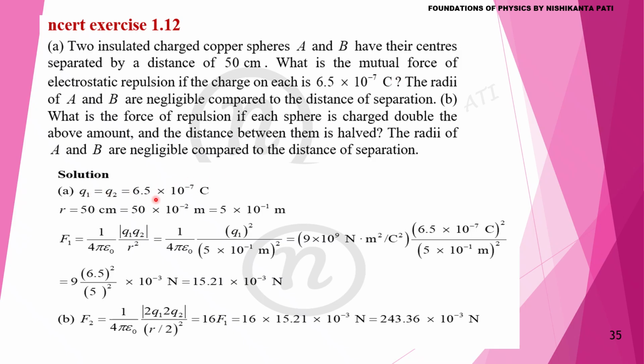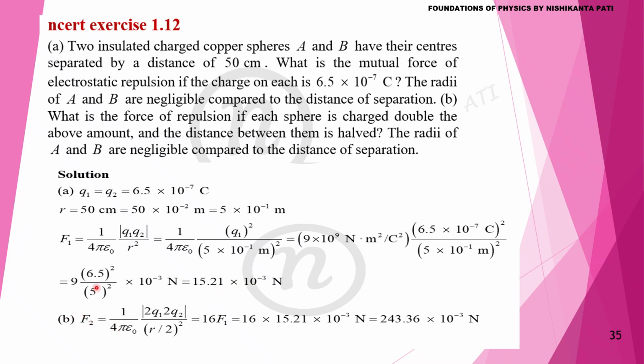So Q1 positive charge, Q2 is also positive charge. R given. Then force is 1 by 4 pi epsilon 0 Q1 Q2 mod by R square. Since Q1 positive, Q2 positive, Q1 mod is itself, Q2 mod is itself, Q1 Q2 equal, that is why Q1 square. Then putting the value, the answer is this much.